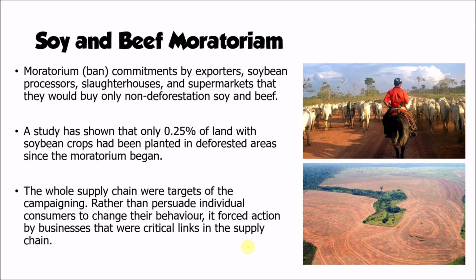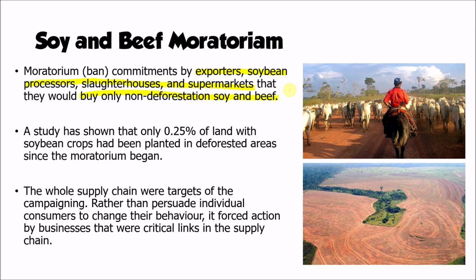So what happened was that exporters and soybean processors and slaughterhouses and supermarkets, all of those different people within the supply chain, basically had to make this commitment that they would only buy beef or soy from land that had been certified as having not been deforested illegally.